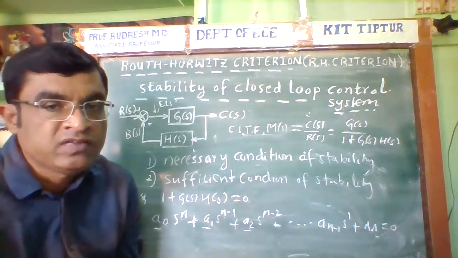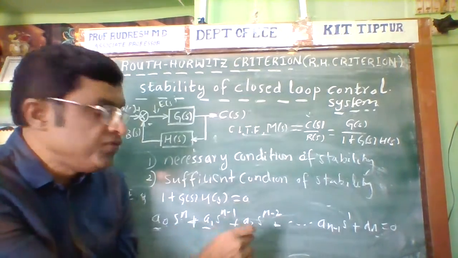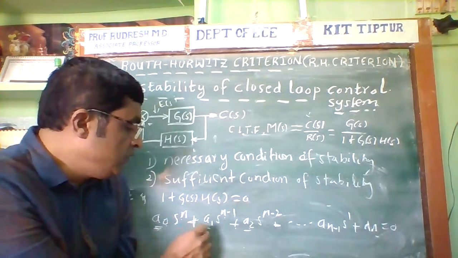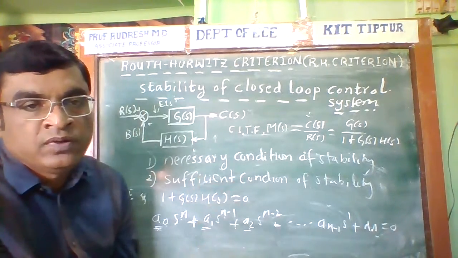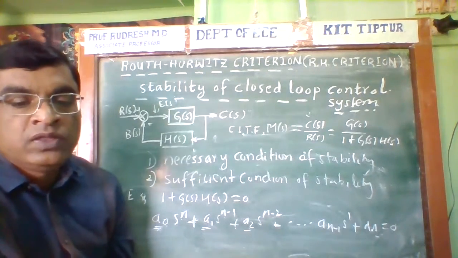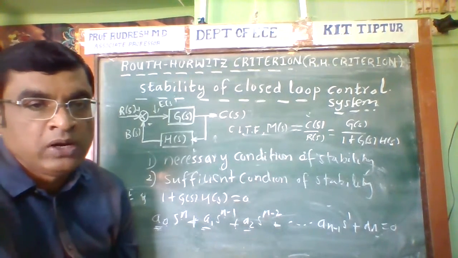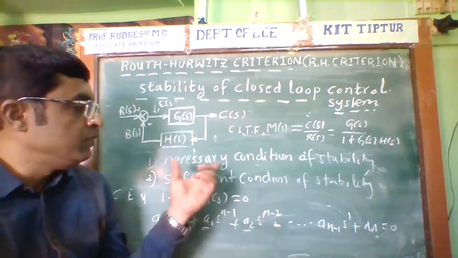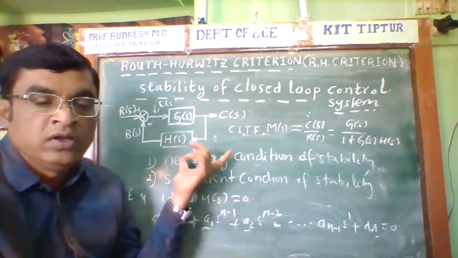If all the coefficients of the characteristic equation are positive, then the system may be stable.